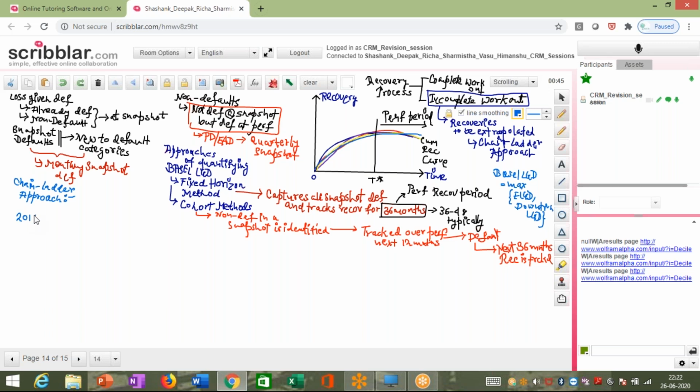So for this account, for this snapshot, the 36 months of recovery performance will be 2016-07 to 2019-06.